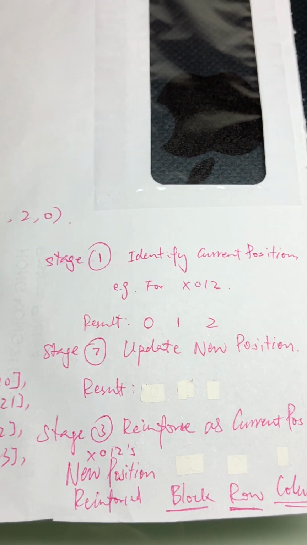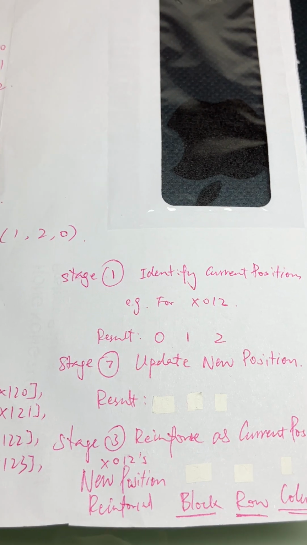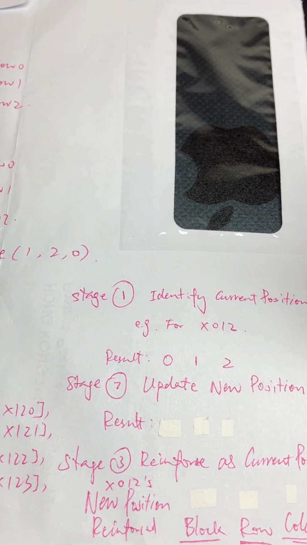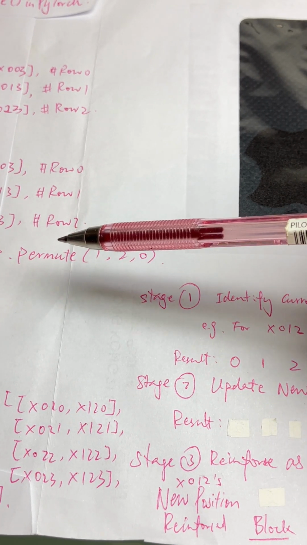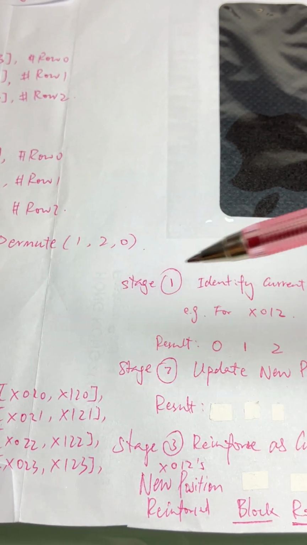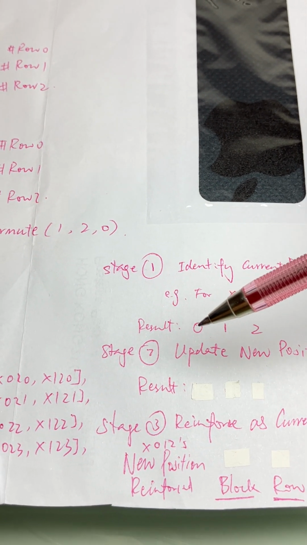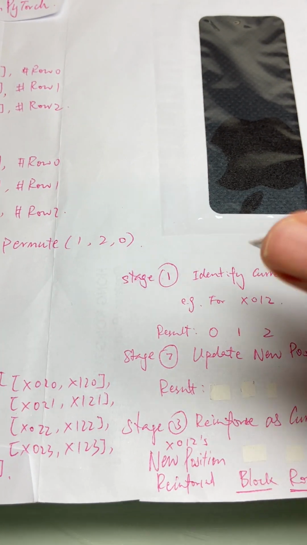For the second stage, we update its new position. For this permute, we move the first dimension to the back. That means this 0 will be at the back.